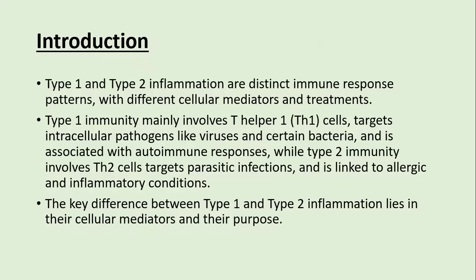Introduction. Type 1 and type 2 inflammations are distinct immune response patterns with different cellular mediators and treatments. The type 1 immunity mainly involves T helper 1 cells that target specifically the intracellular pathogens like viruses and certain bacteria, and is associated with several autoimmune conditions.